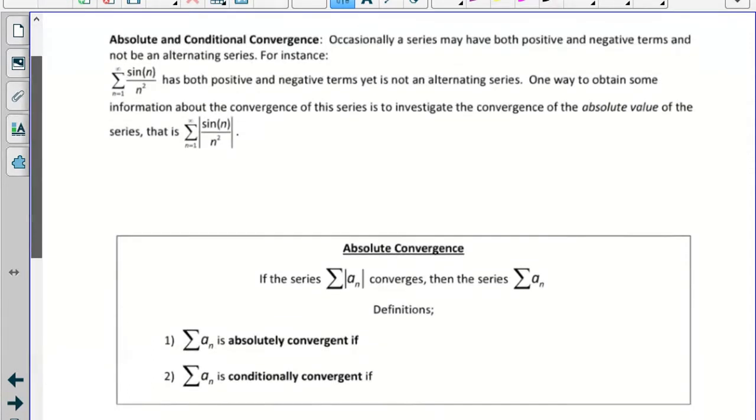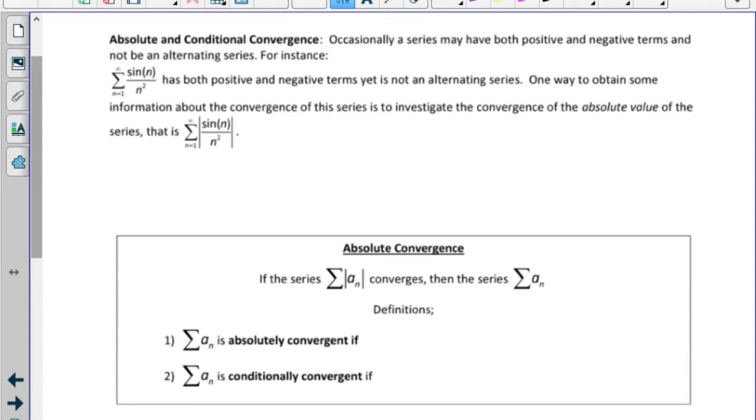Absolute and conditional convergence. Occasionally, something may not be an alternating series, but it still has positive and negative terms. If we have this situation, then what we want to do is determine whether this series has a specific type of convergence, which we call absolute convergence.